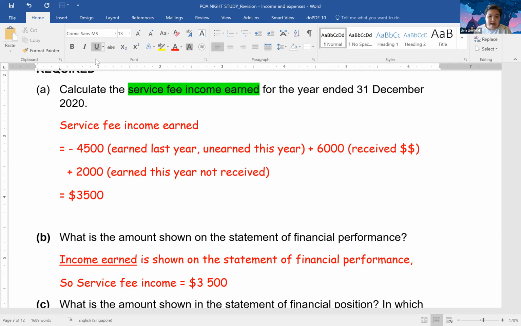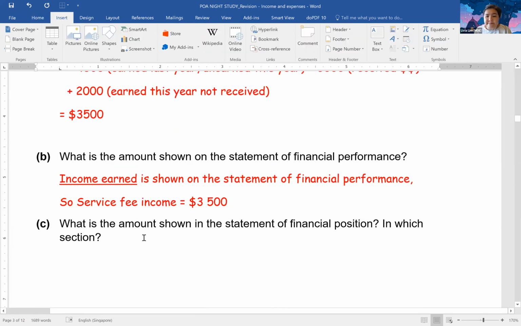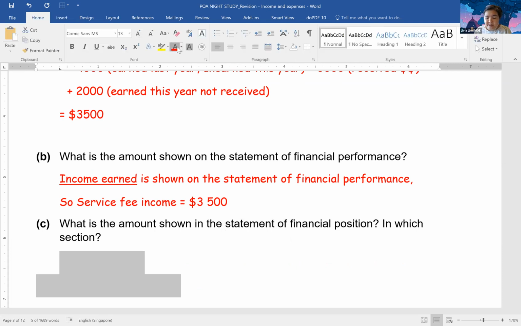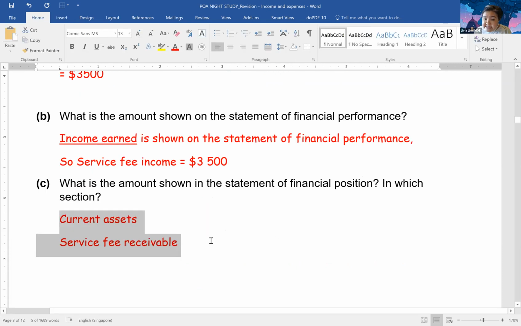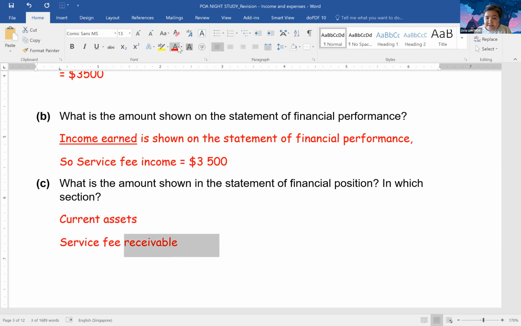And what is the amount that is going to be shown in the statement of financial position? The statement of financial position is your asset, liability, and equity. So in your statement of financial position, you will see a current asset, service fee receivable, of $2,000.